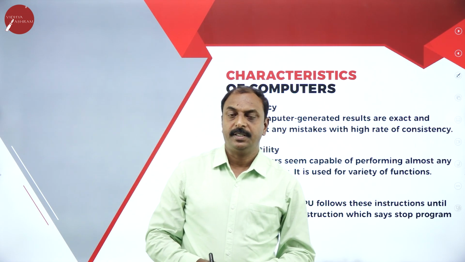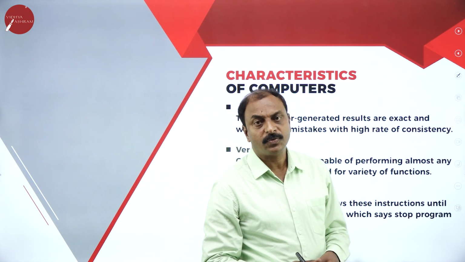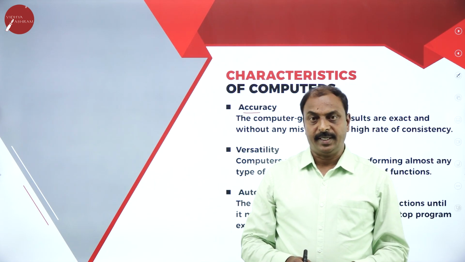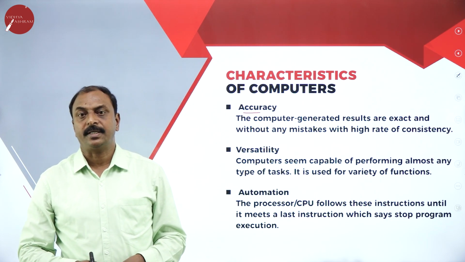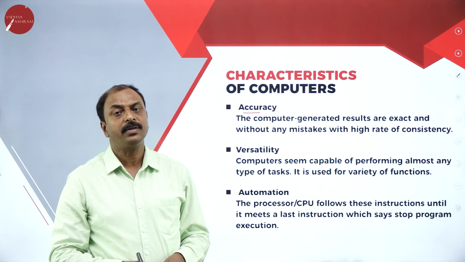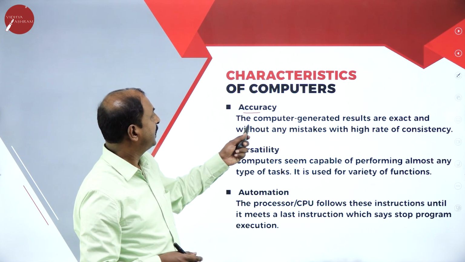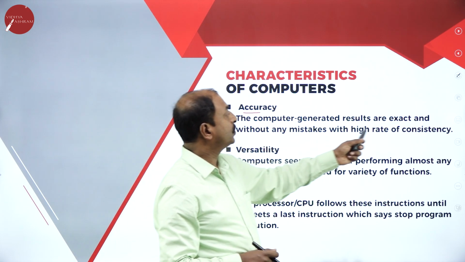Now let us move on to the next characteristic, that is accuracy. What is accuracy? Accuracy means the computer does all the work without any mistakes. We are human beings, so there are chances that we make mistakes while doing our work, but as a computer is an electronic machine, it never goes wrong.